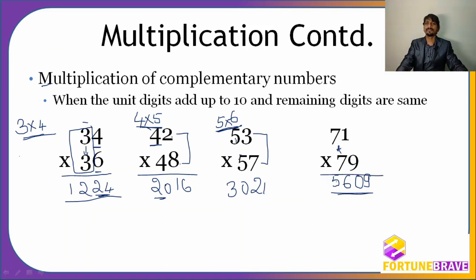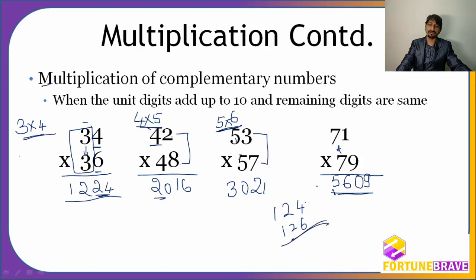Clear? So it should be very much clear. This works only when the unit digits add up to 10 and the remaining numbers are the same. Is that clear? You can even do this one: 124 into 126.